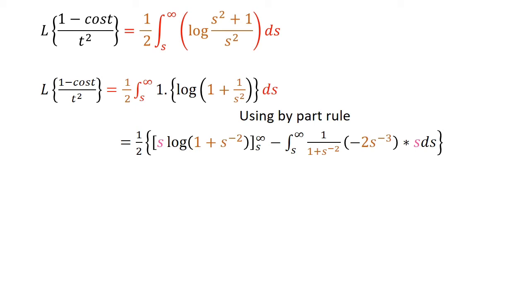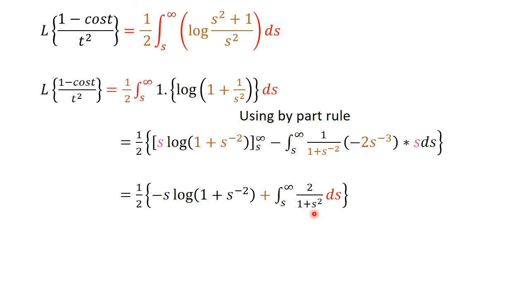So in the next step, this is half, minus s log of 1 plus s to the power minus 2, plus integration, and the limit is s to infinity, and this expression we have solved and written as 2 upon 1 plus s square ds. In our previous question, we already solved 1 upon 1 plus s square when the limit is s to infinity, and the result is cot inverse s.